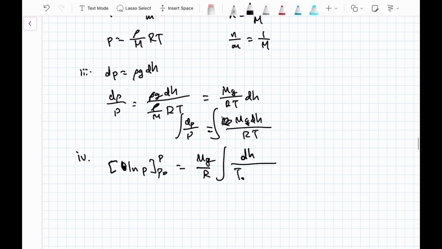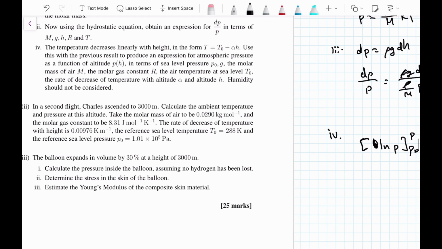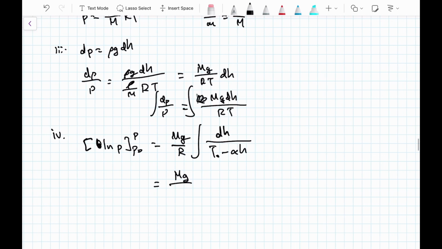Then we can integrate this from 0 to h. If we integrate this, that should be 1 over negative alpha, times ln of T0 minus alpha h.